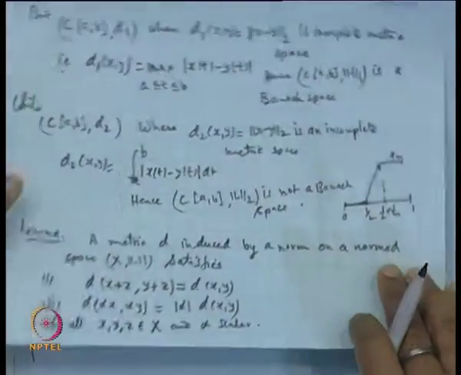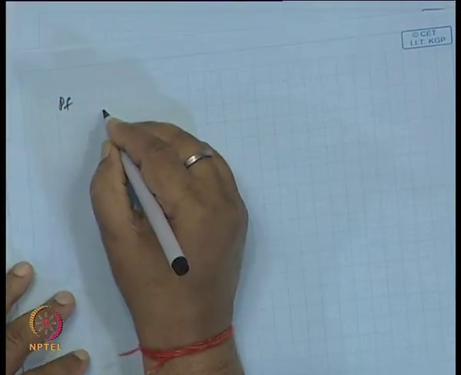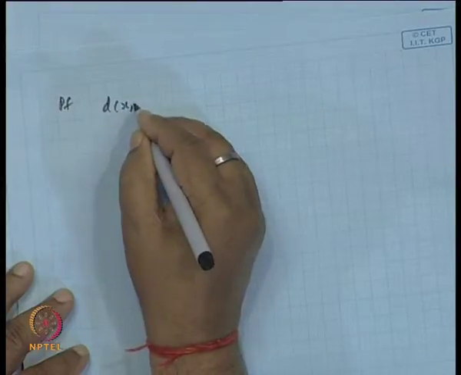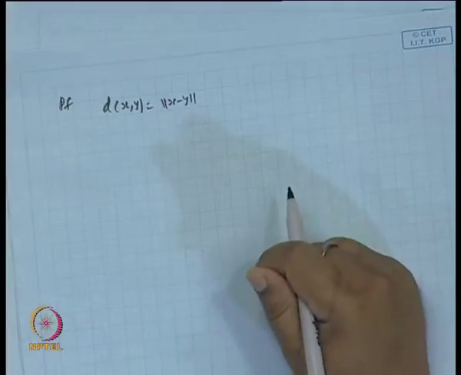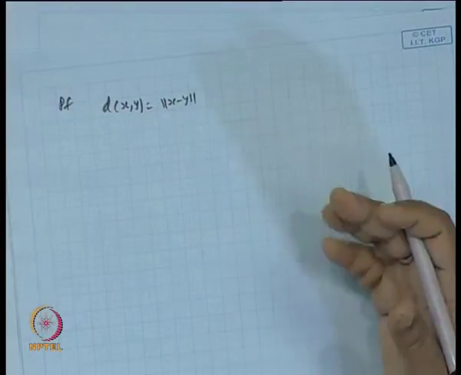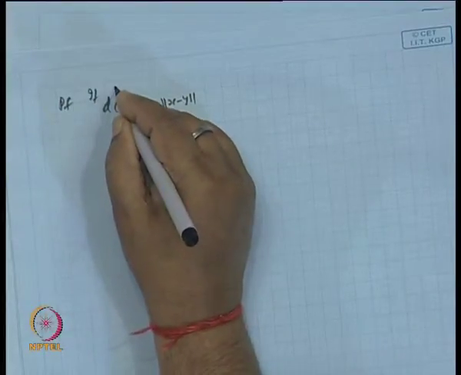Let us see why it is so. The proof of this lemma is very simple. If a metric d is induced by a norm, then d(x, y) will be written as norm of x minus y, is it not?